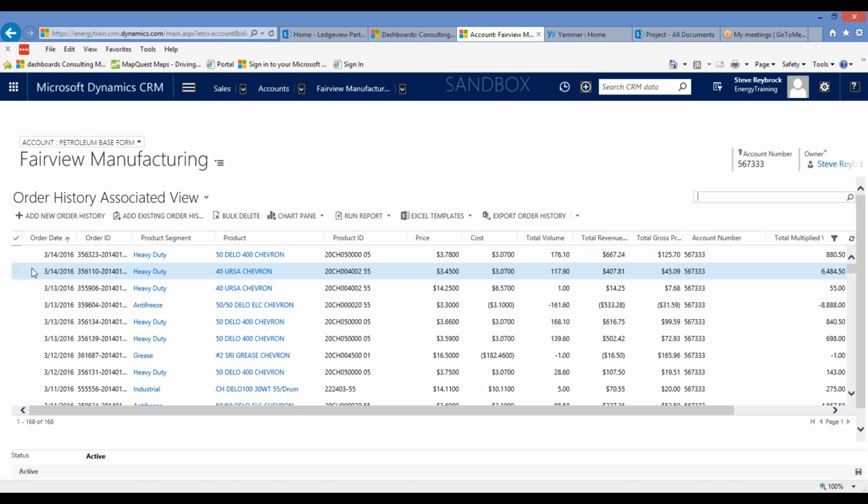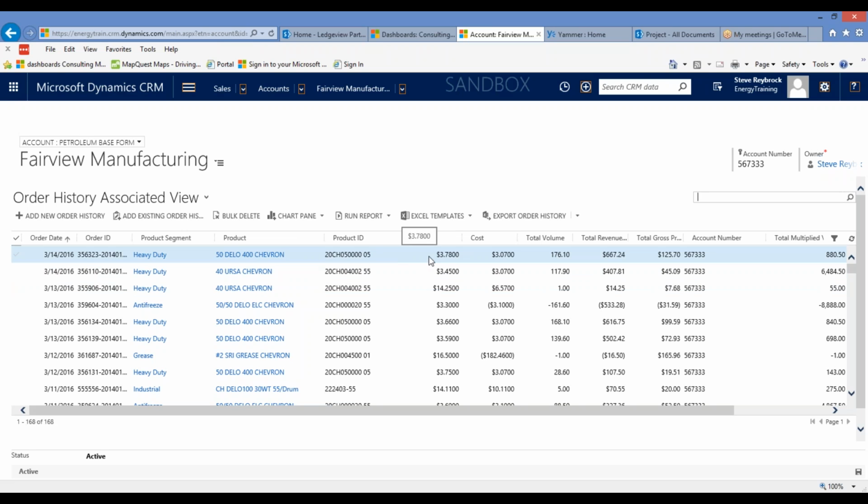Looks like they bought a couple things on that day. And these are the products that they bought, the price they paid, our cost, how many they bought, and the revenue it produced. So this is down to the detail level. And because we have this detail information, there's lots and lots of stuff we can do in CRM with that data.